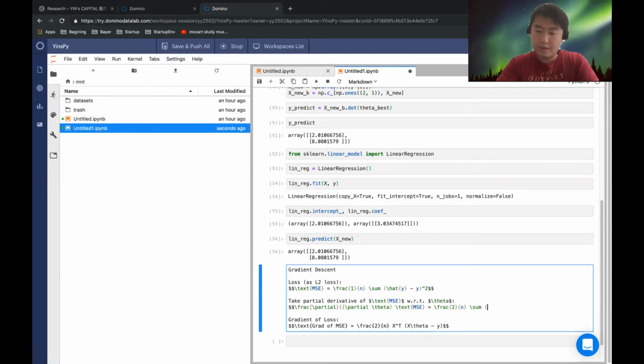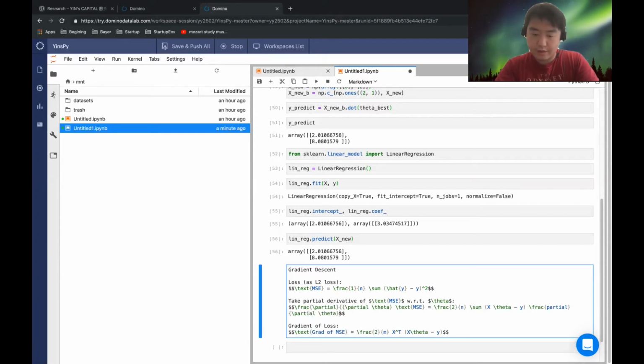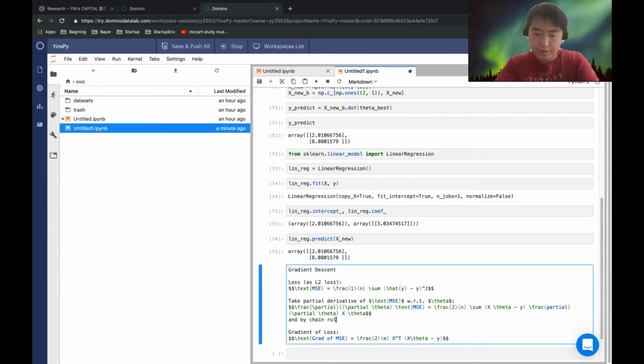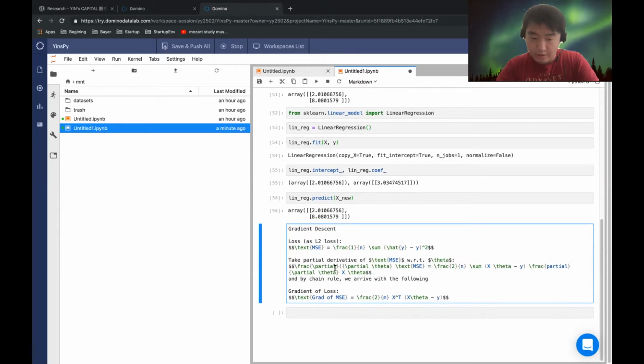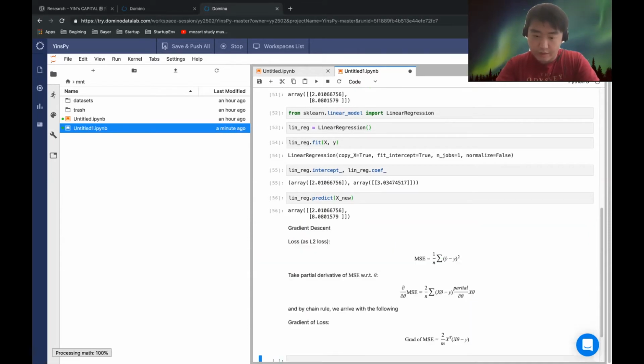We need to put a parenthesis, and the 2 disappears. But then we need the chain rule for this part, so I'm going to write that here, partial over partial theta, and by the chain rule we arrive at the following. I made a mistake somewhere. Let's try to figure that out. There's one more bracket. Boom.